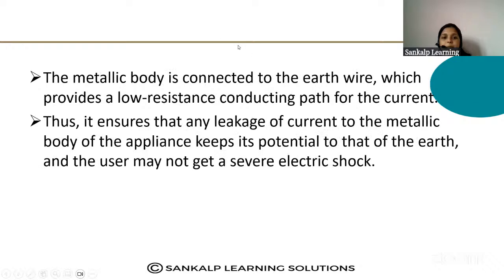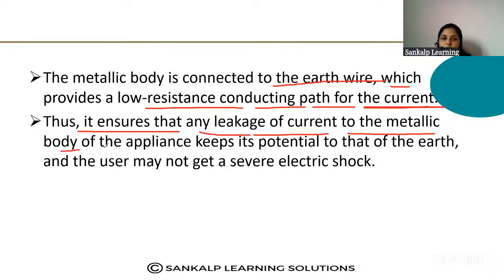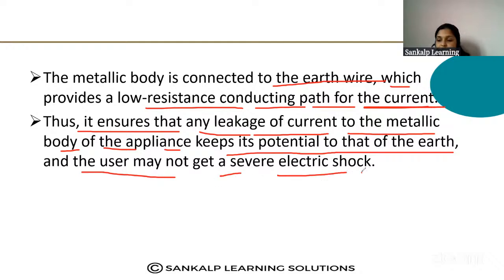The metallic body is connected to the earth wire, which provides a low resistance conducting path for the current. It ensures that leakage of current to the metallic body keeps its potential the same as that of the earth, so the user does not get a severe shock or any damage.